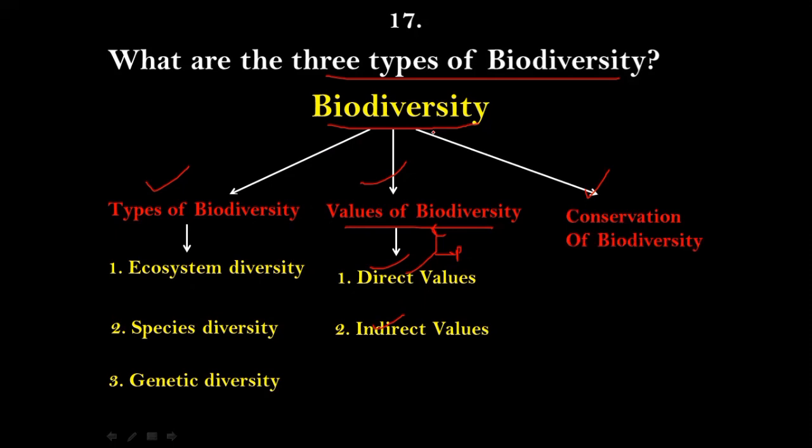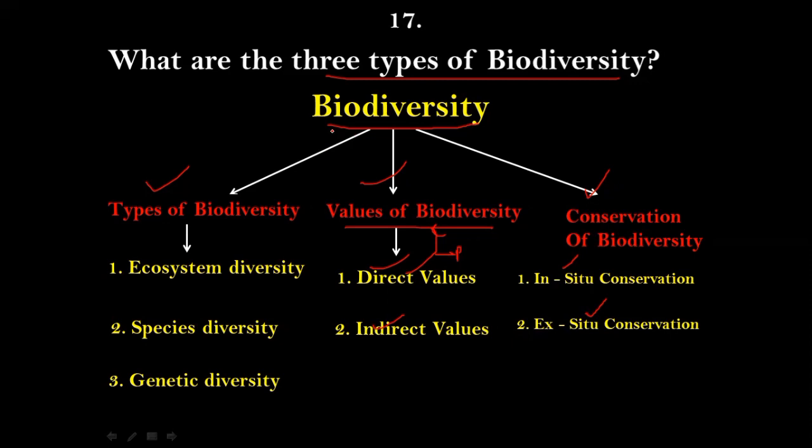In how many ways can we conserve this biodiversity? Biodiversity can basically be conserved in two different ways, that is the in situ conservation or on-site conservation, and the second one being the ex situ conservation or external conservation. We will be talking about the difference between in situ conservation and ex situ conservation in the next coming session.